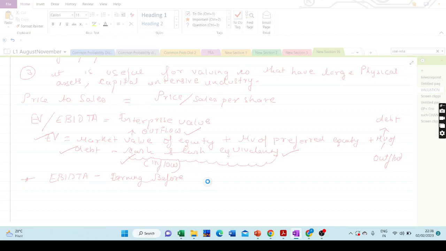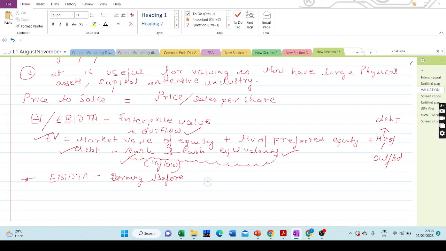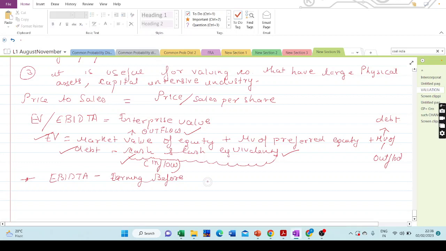Yes, when the market value of debt is not available, an analyst should use the book value of debt instead. Now, EBITDA stands for earnings before interest, depreciation, tax, and amortization.